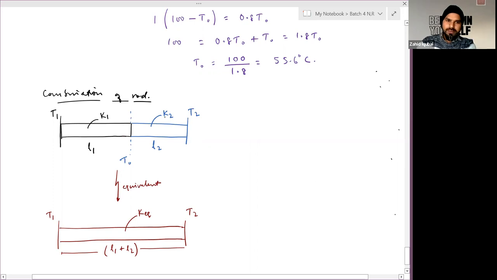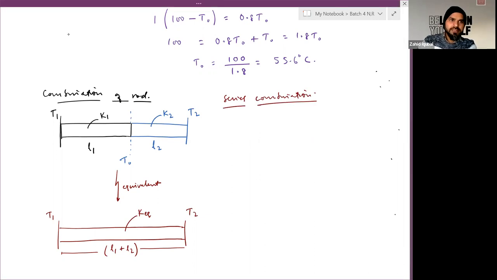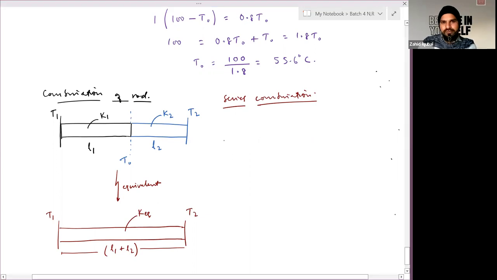So you can say this particular arrangement is basically series combination of rod. So first, heat current for first rod H1 equals to Ka divided by its length, temperature difference T1 minus T0.